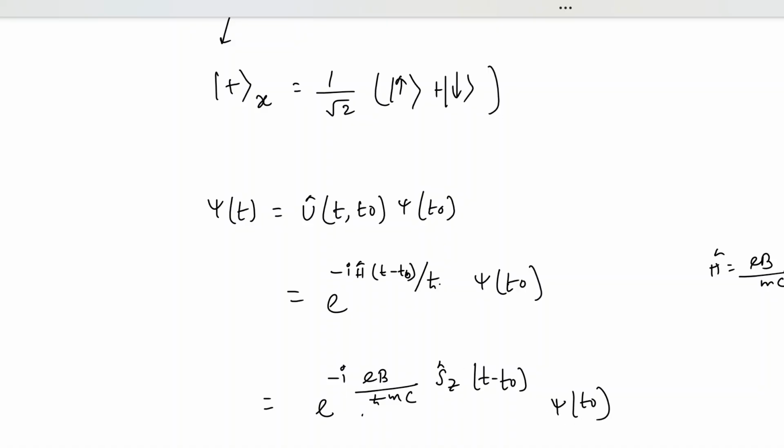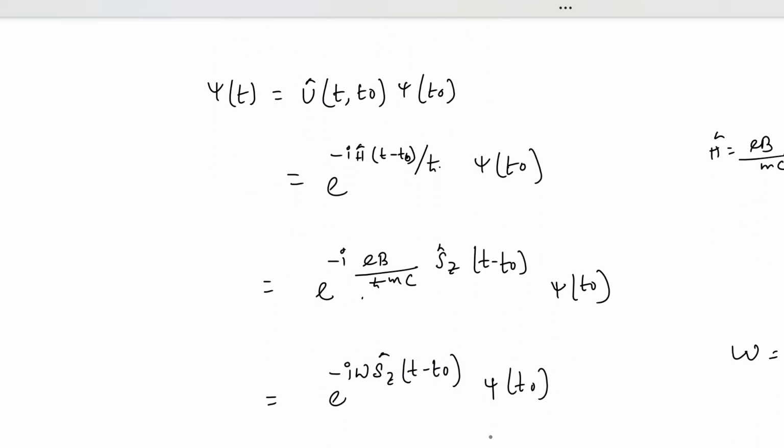Now you redefine this whole thing as e to the power of minus i omega sz (t minus t naught) psi t naught, where omega is equal to e B by h cut m c. That means on a state, this kind of time evolution operator will operate to get it to a later state at t.